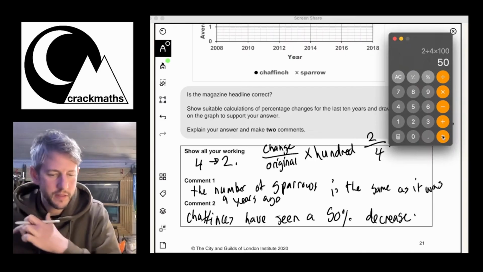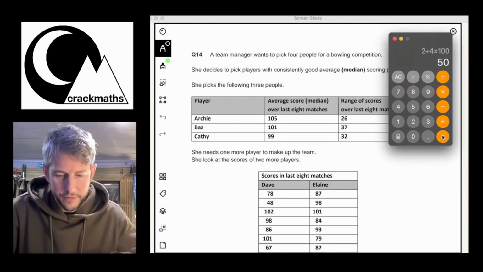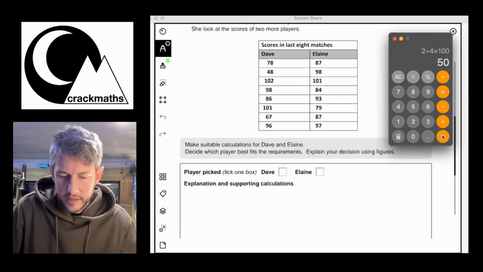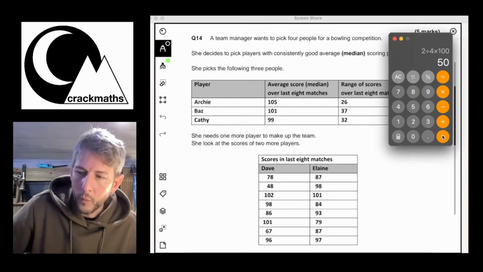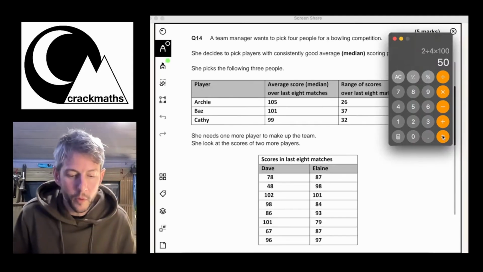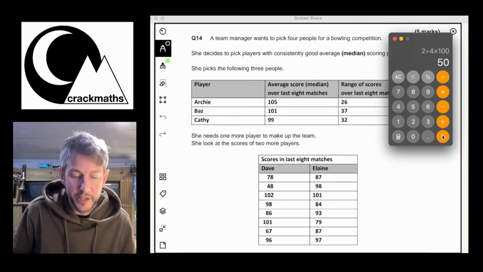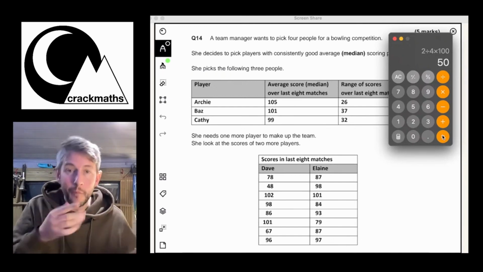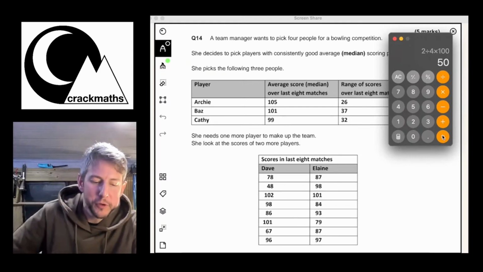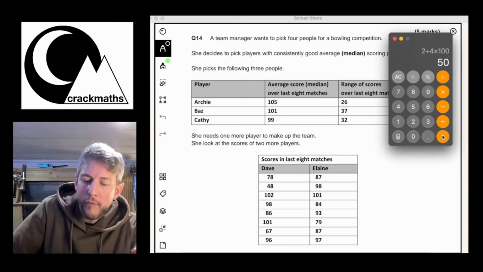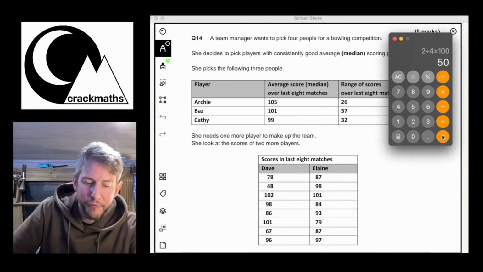Okay, right. Question 14. 5 marks for question 14. Okay, so let's have a look. It's nice and long. Okay, a team manager wants to pick 4 people for a bowling competition. She decides to pick players with consistently good average, medium performances. She picks the following 3 people: Archie, Baz, and Kathy.